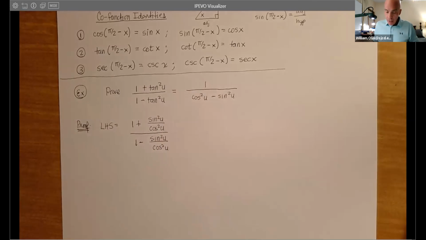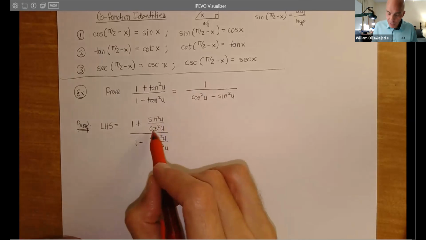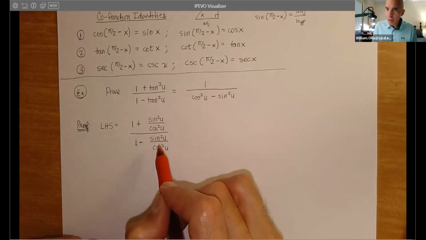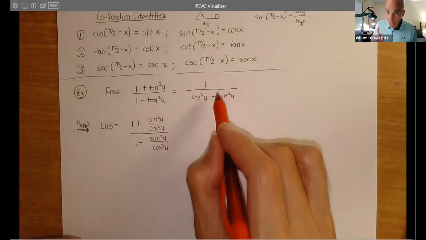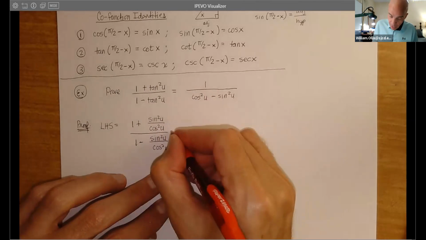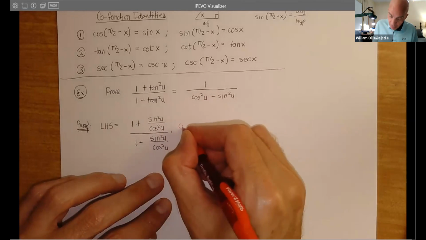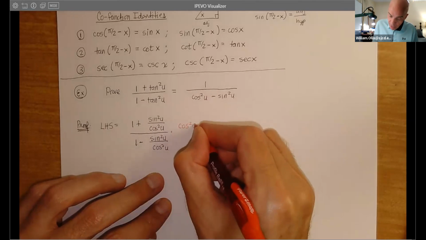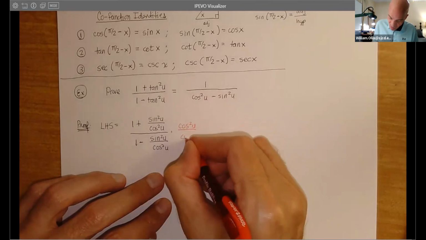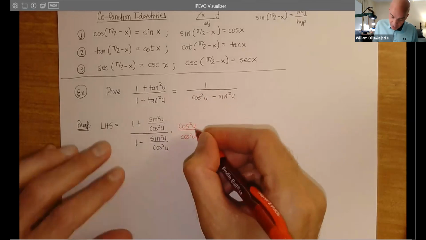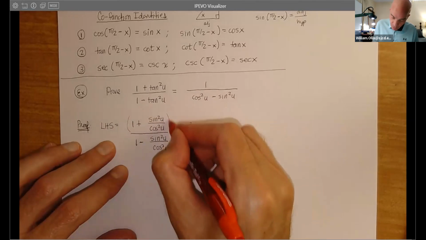Now, if we're thinking about using some algebra, if we can retire the cosine squared downstairs, we can make it look more like this. So we'll multiply by a convenient factor of 1, namely cosine squared over cosine squared. And then, of course, distribute.